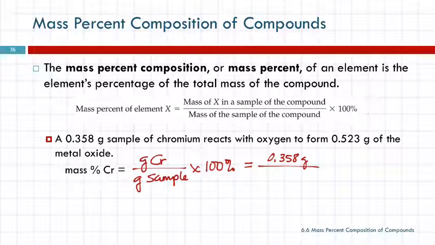So that's the mass of the whole thing, 0.523 grams times 100. The unit gram cancels out. 0.358 divided by 0.523 times 100.